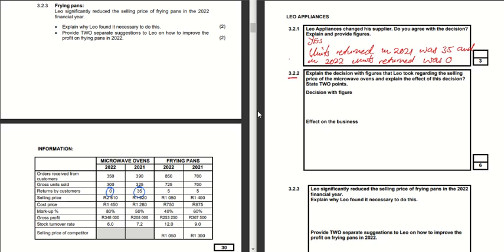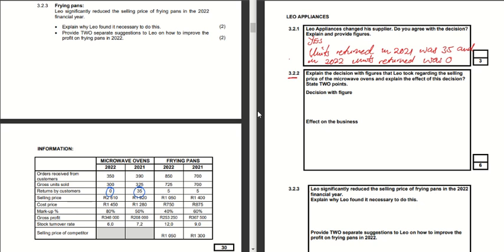Explain the decision with figures that Leo took regarding the selling price of the microwave ovens and explain the effect of this decision. State 2 points. So it has to be a decision and the effect. In this particular question, once you mention the decision, you then mention the effect.